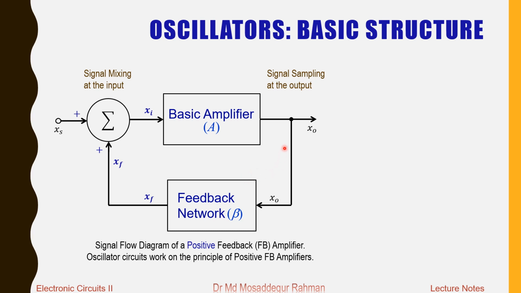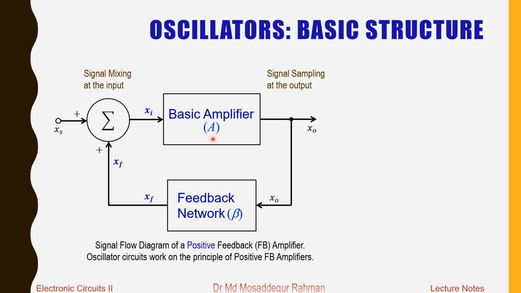The feedback network samples the output signal of the amplifier, generates a feedback signal, and that feedback signal is mixed with the source signal at the input side, and the mixture, the signal Xi, goes into the basic amplifier.